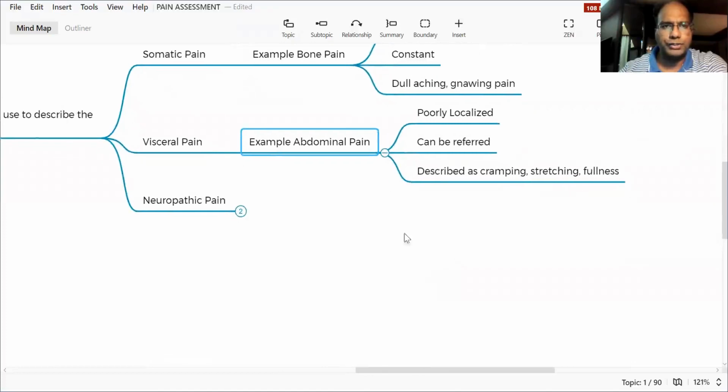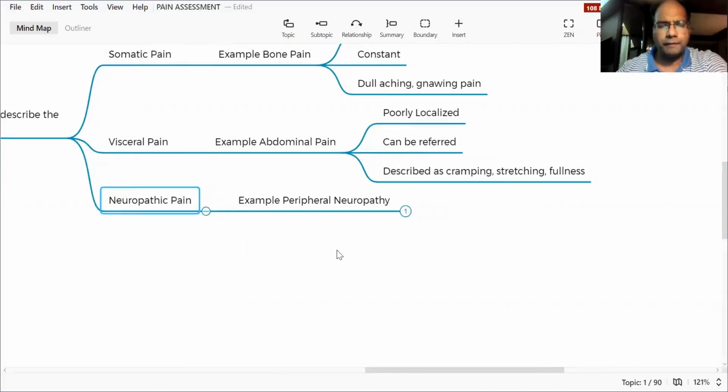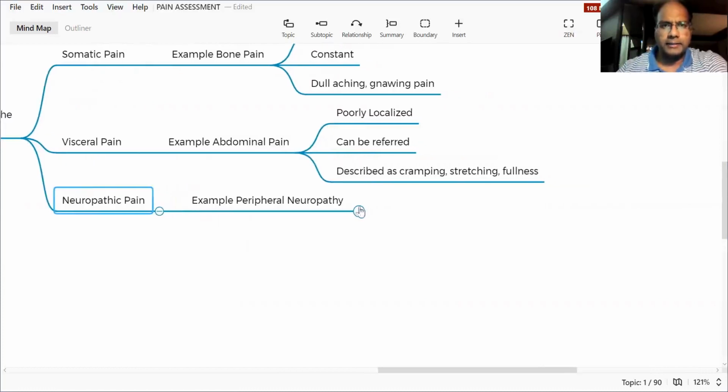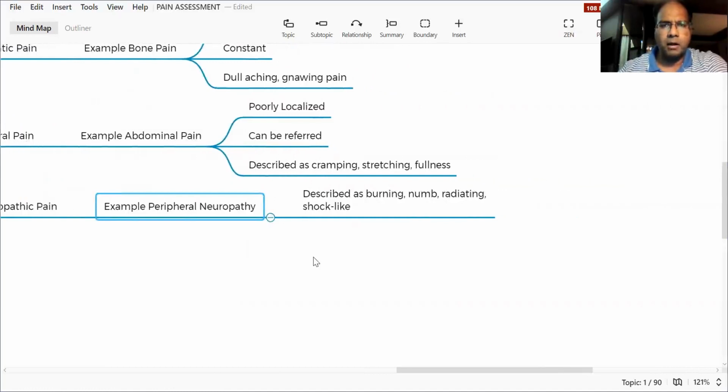in his own words. The next pain is the neuropathic pain, which is most commonly seen in our clinical practice. An example would be peripheral neuropathy, and this is characterized by a burning, numb, radiating, or shock-like kind of pain.